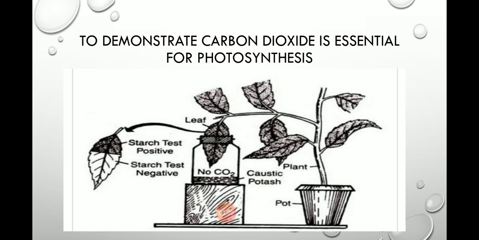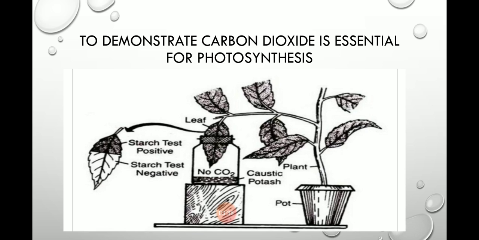The other part, which was present inside the jar, did not give the starch test, as a result of which it did not turn blue black. Conclusion: carbon dioxide is very much essential for production of starch.